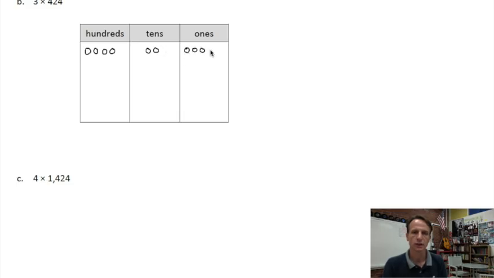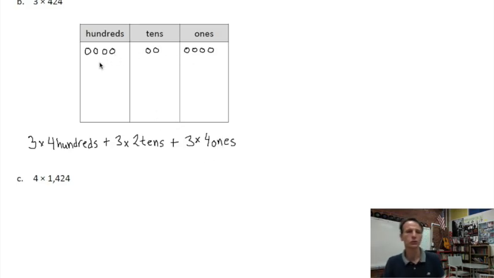And so what we're doing here is, we'll write it underneath, 3 times 4 hundreds plus 3 times 2 tens plus 3 times 4 ones, using the distributive property of multiplication to break it down into steps that are quite manageable.